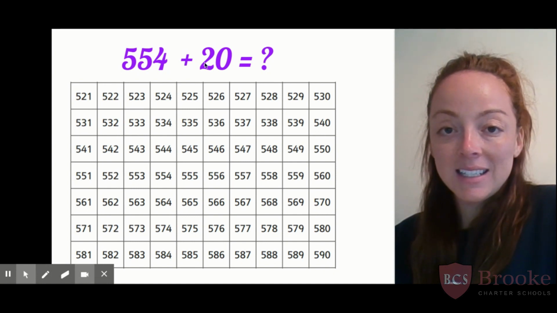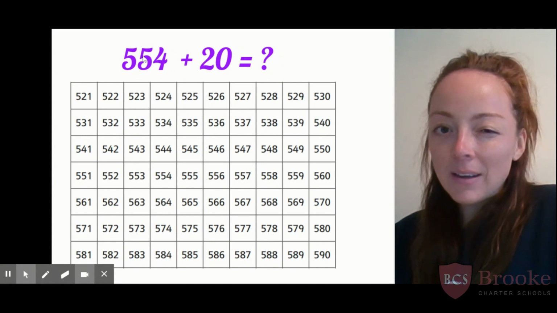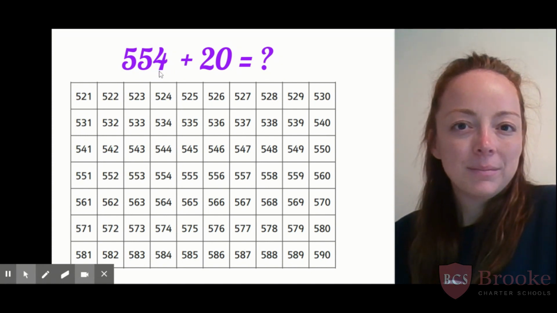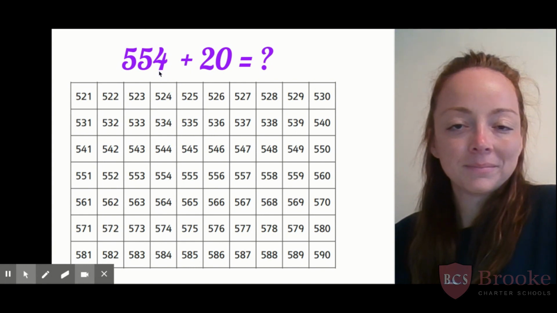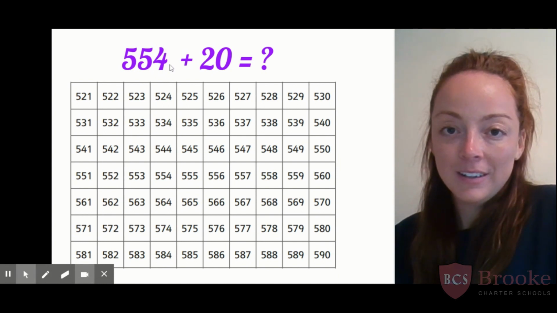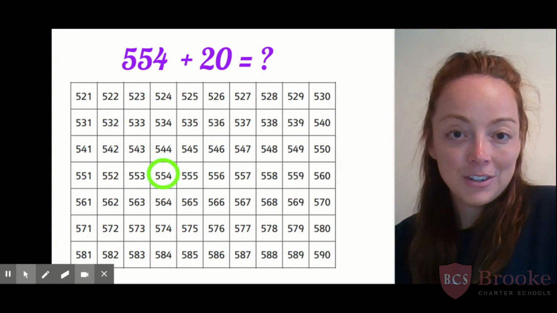Right, 7 10 sticks. So 500, but then it would be 7 10s and 4 1s. What number would that be? Exactly, 574.